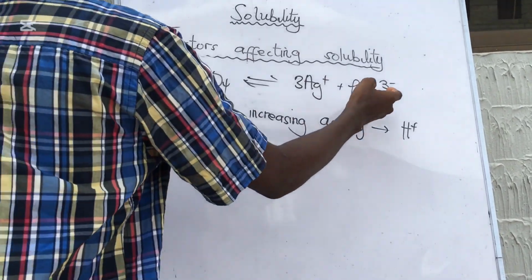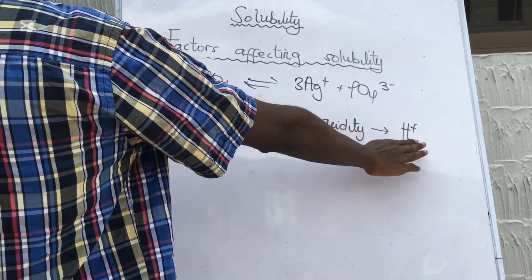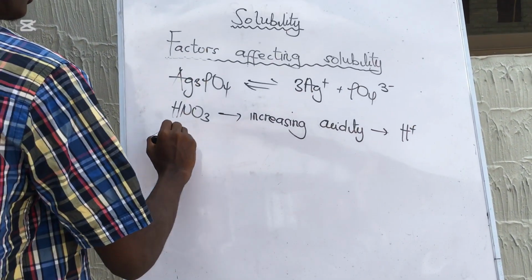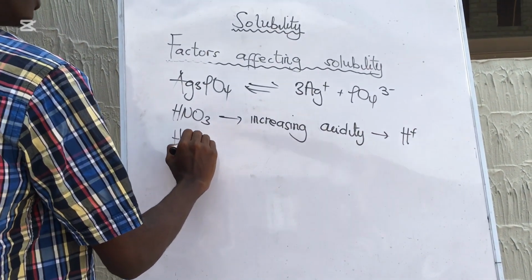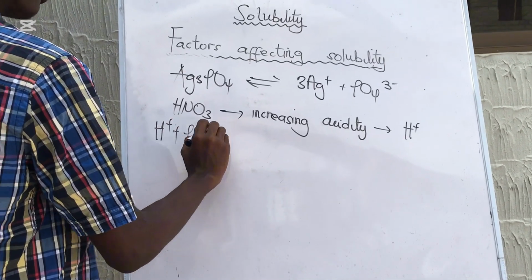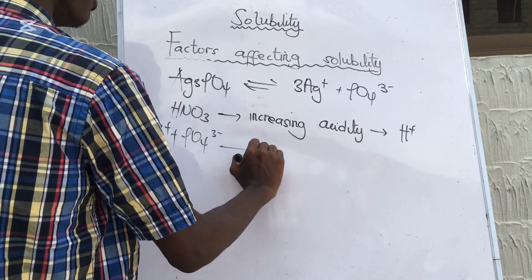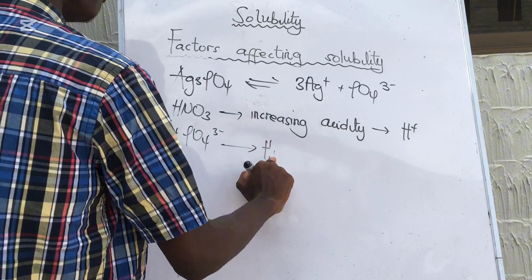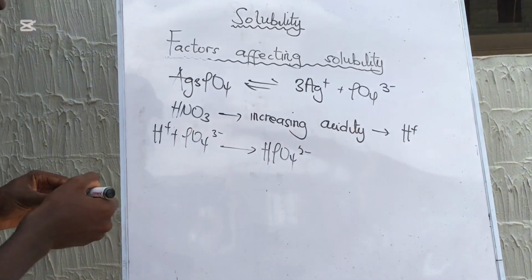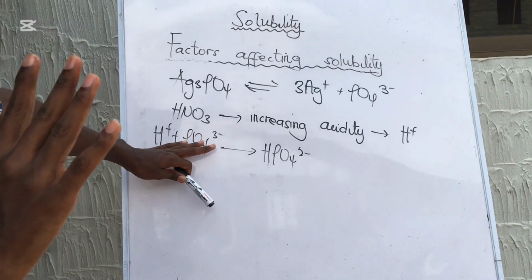So if you have a strong conjugate base, then it can be protonated by this hydrogen, by this proton. So now you are going to have H plus and PO4 3 minus, giving you HPO4 2 minus.